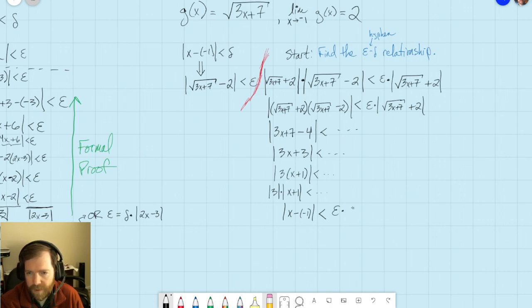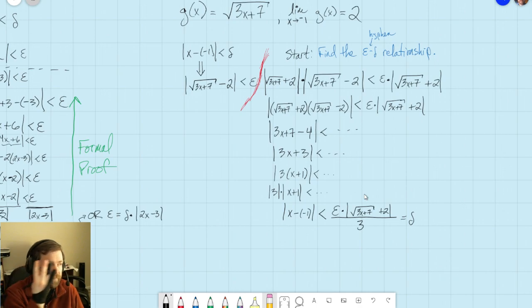Epsilon times the absolute value of the square root of 3x plus 7 plus 2, all over 3. So there's your delta. Pretty, huh? It has a value that is approaching 4, and so our epsilon and our delta are off by a factor of approximately 4/3.